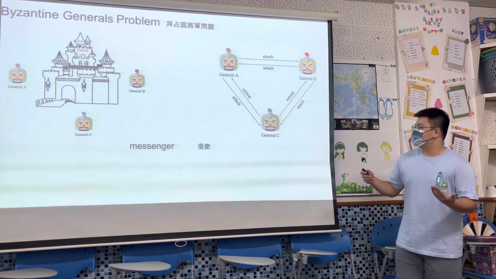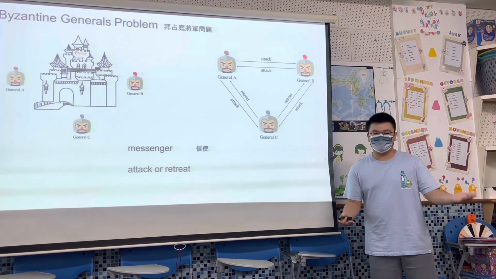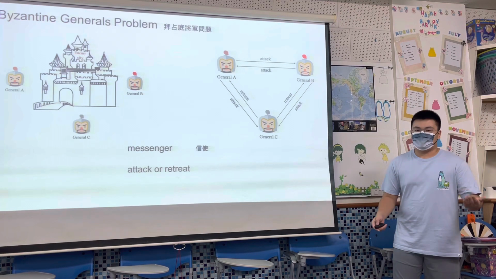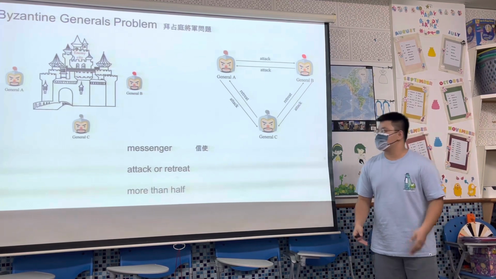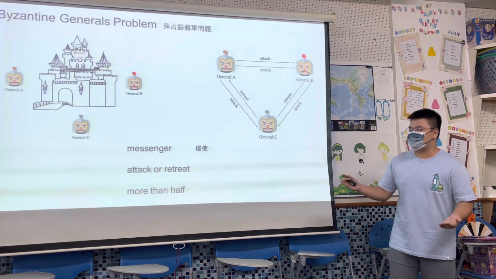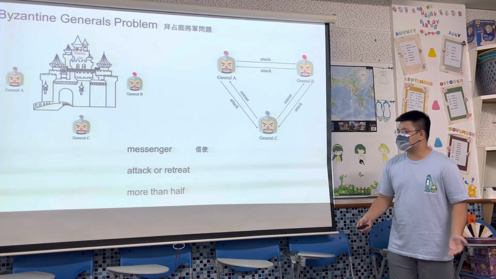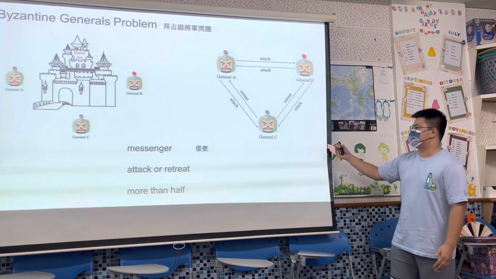And they can choose to attack the enemy or to retreat. And you have to remember that only if more than half agree to attack or to retreat, will they do the same thing at the same time. Take this picture for example.